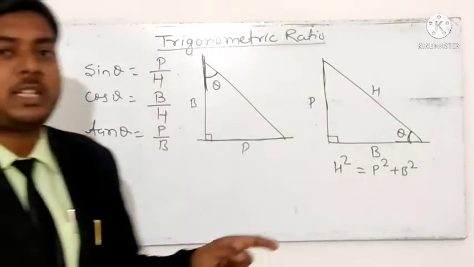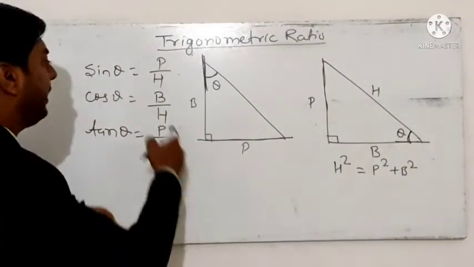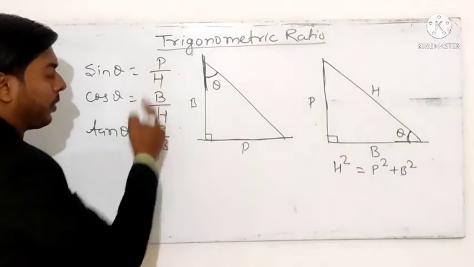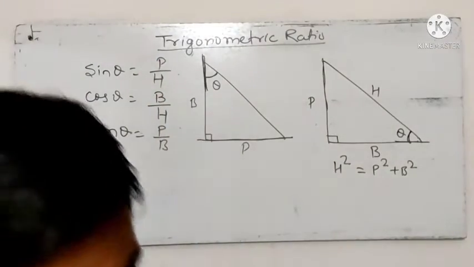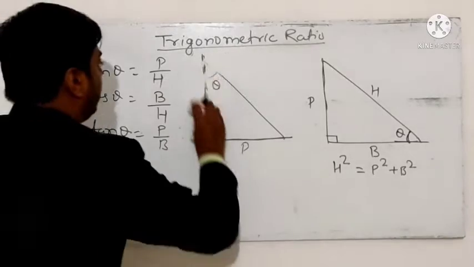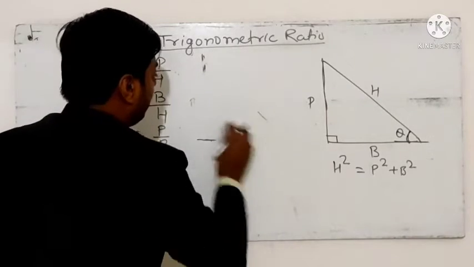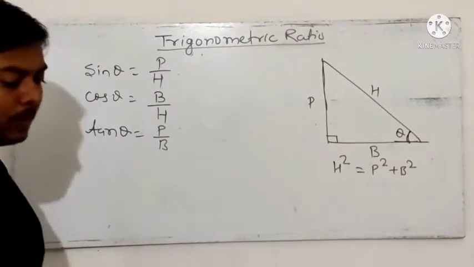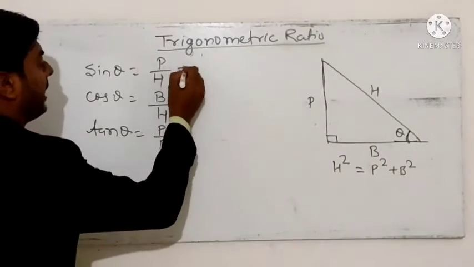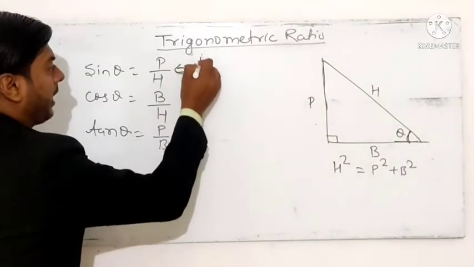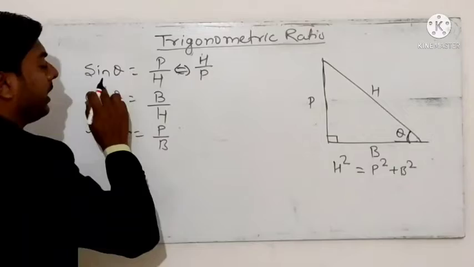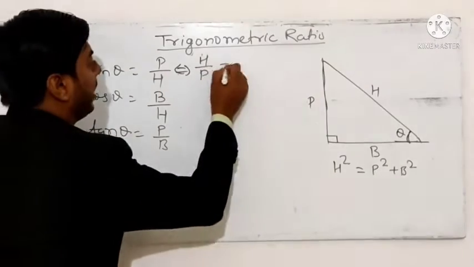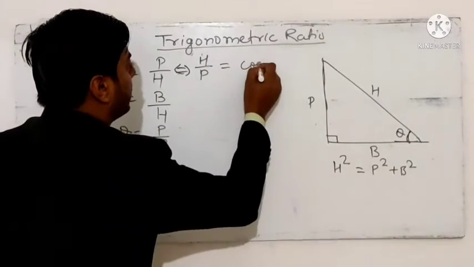There are also reciprocals for these. When perpendicular by hypotenuse is changed into hypotenuse by perpendicular, sin theta changes into cosec theta.